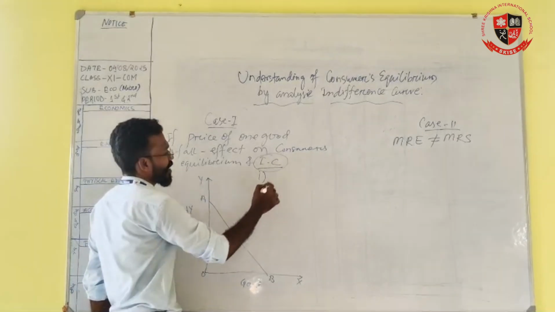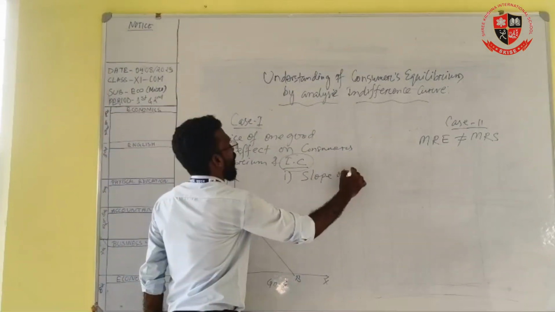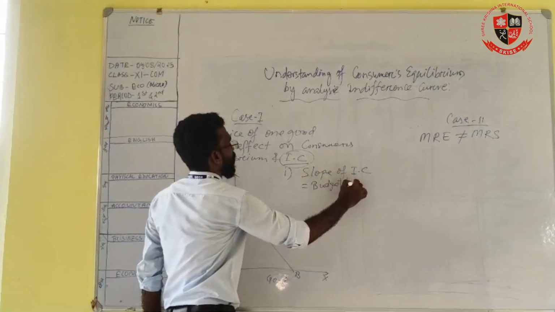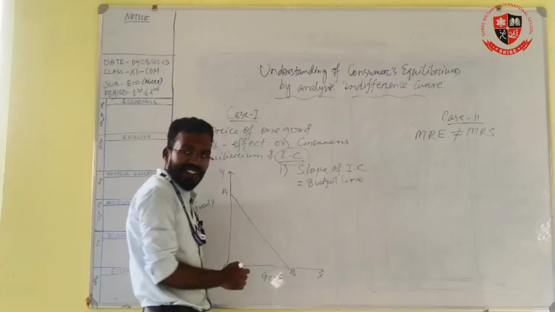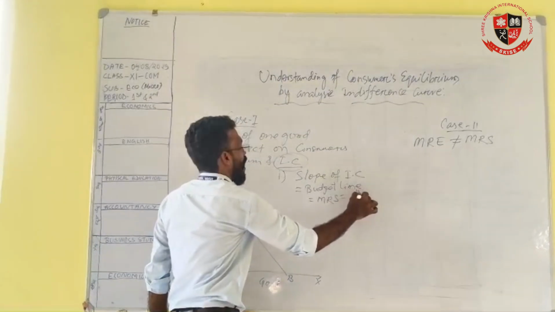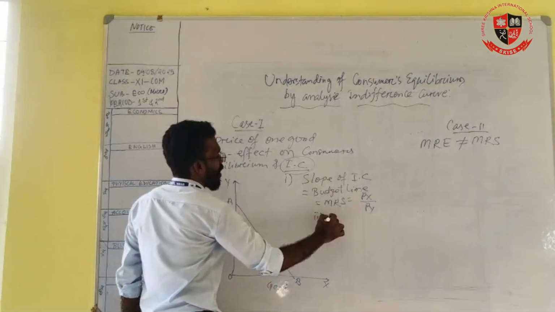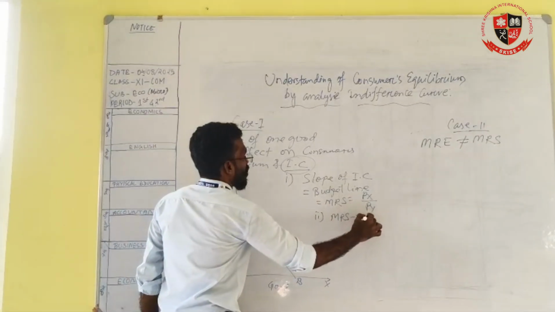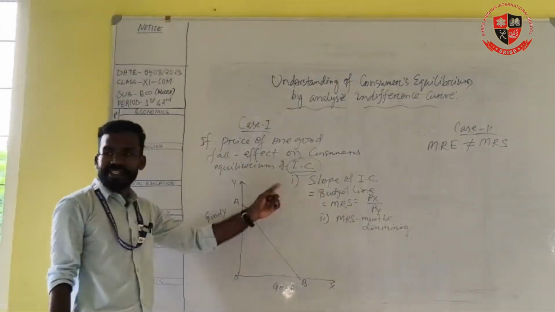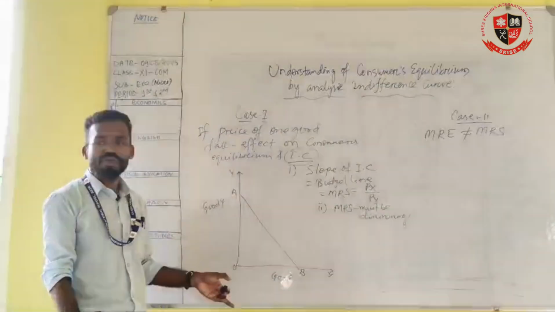Condition 1: the slope of the indifference curve must be equal to the slope of the budget line, that is, marginal rate of substitution equals the price of good X to the price of good Y. This is the first condition, and the second condition is that the marginal rate of substitution... the consumer will attain equilibrium when there are two goods.